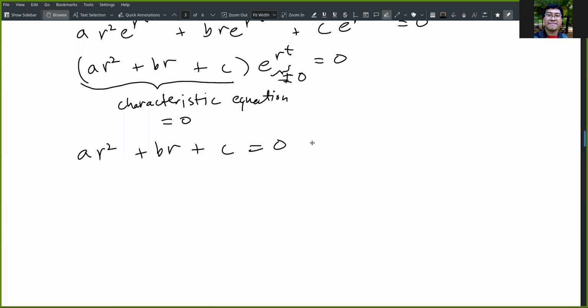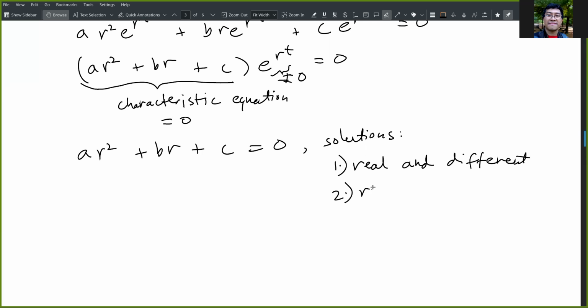The possible solutions are of three types. One is that they are real and different. The other one is that they are real and the same. The third one is complex numbers.